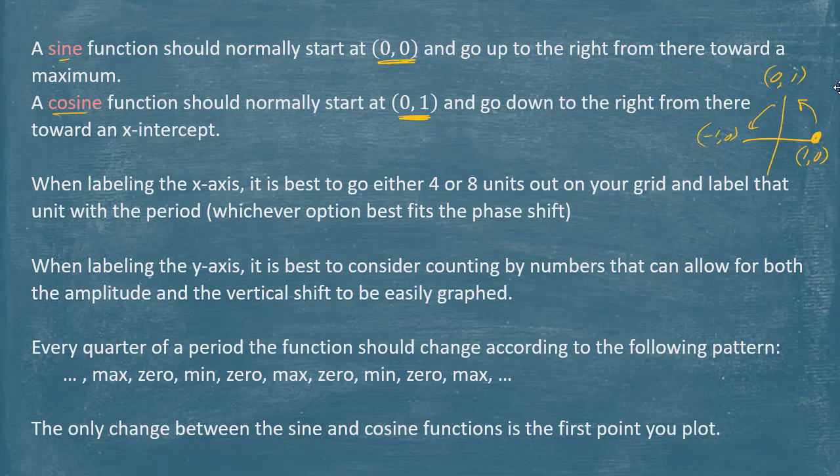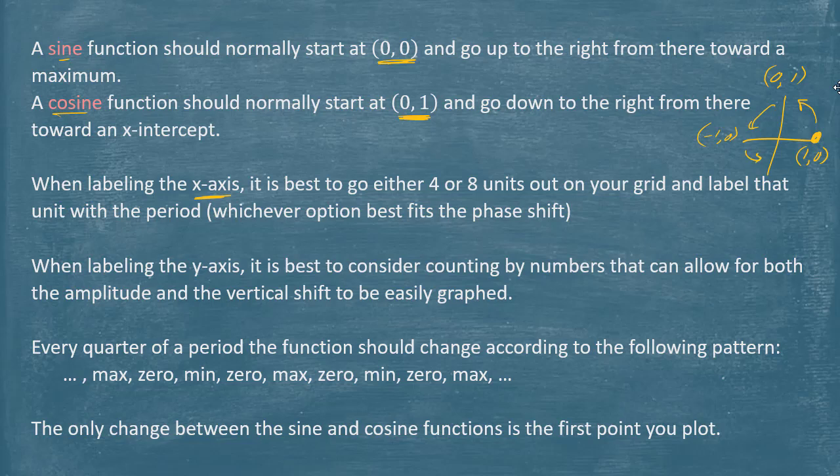So when it comes to labeling our axes, ultimately the x-axis will want to account for anything that's horizontal, so that would be what's my period, what's my phase shift, and go out whatever amount that would be. I personally like to go to whatever the fourth tick mark is, that way each tick mark would be a quarter of the period.